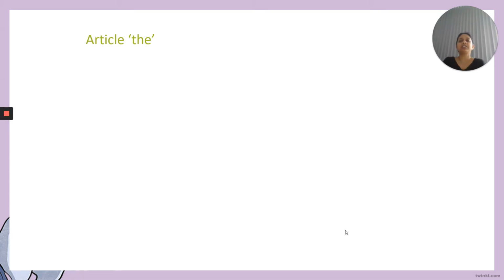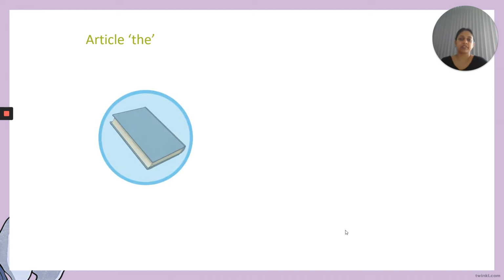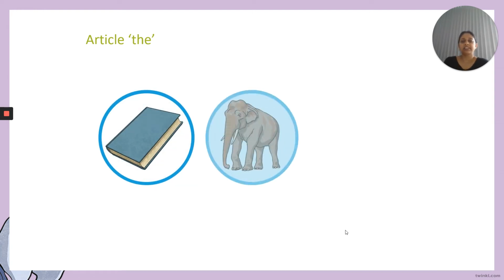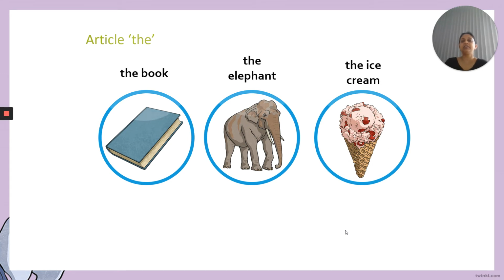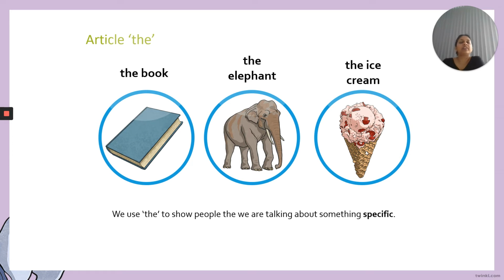Right, now let's move on to the as an article. Let's take some of the pictures that we did in our previous lesson, apart from your last one, which is an ice cream. When do we use the word the? We use the word the for a specific item that we are discussing. We're not just talking about any random book.